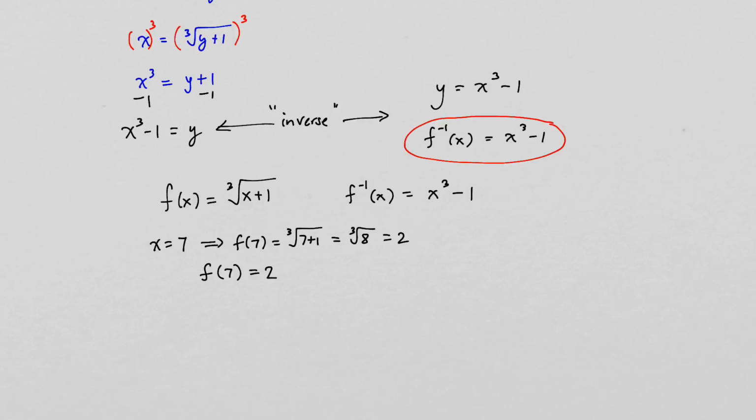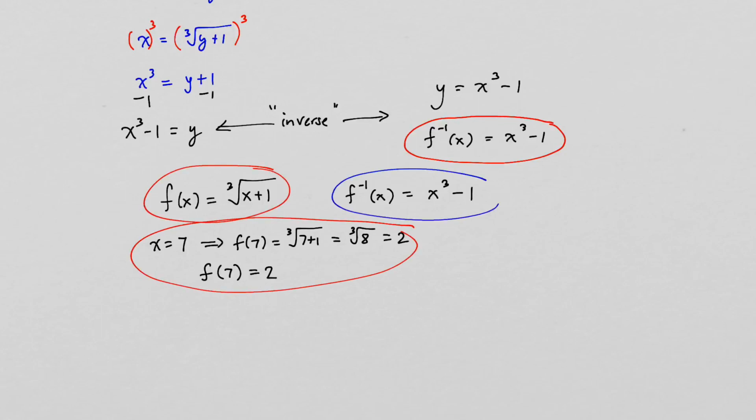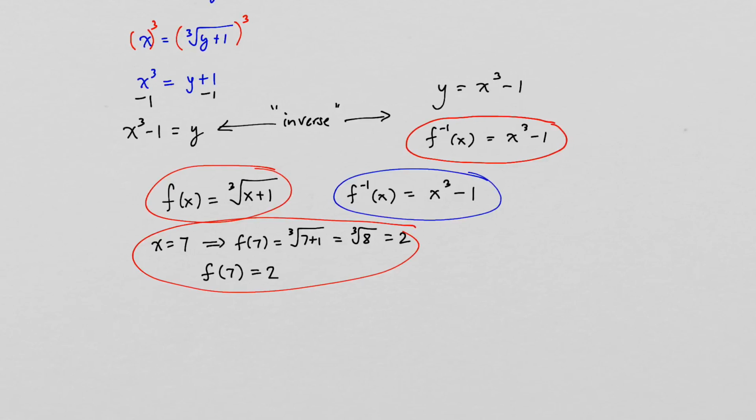So if this is truly the inverse of this function, it should reverse the roles of x and y. Okay, so this goes with the function. Now let's look at the inverse. So for the inverse, what if I let x equal 2?